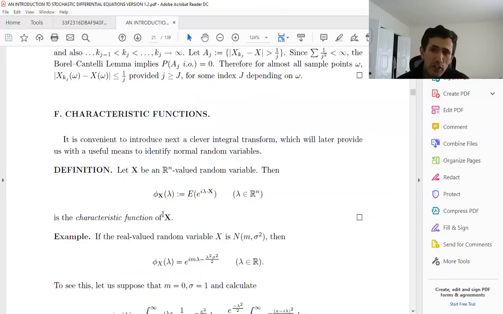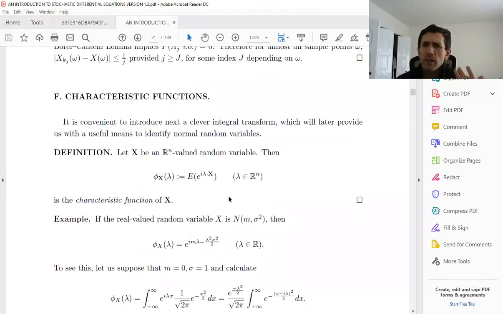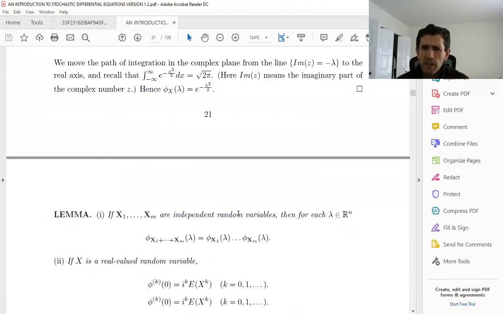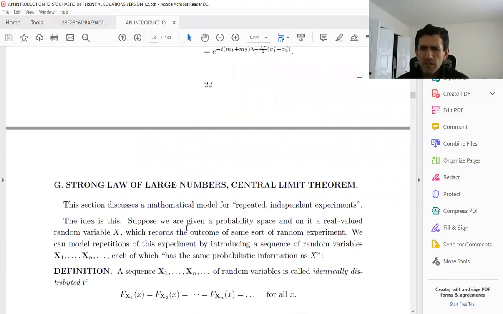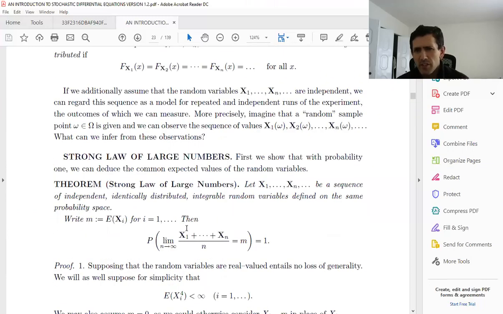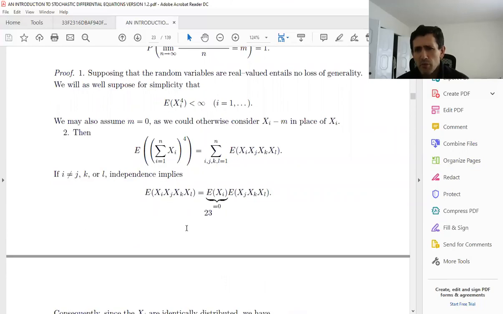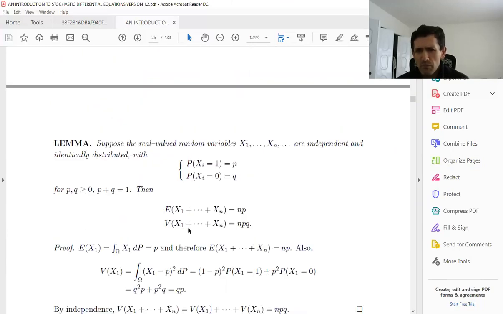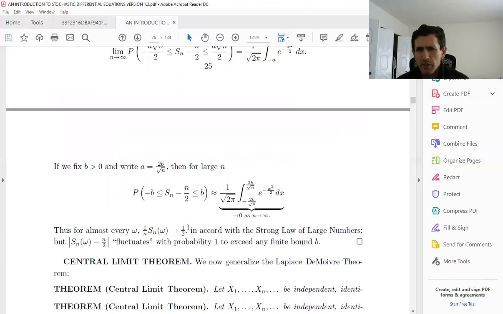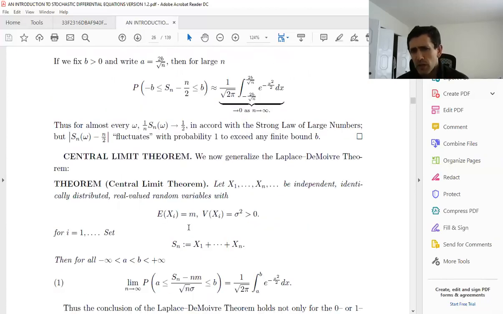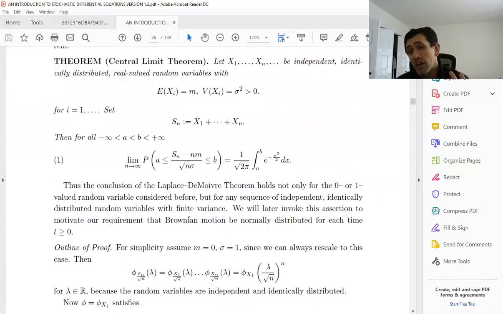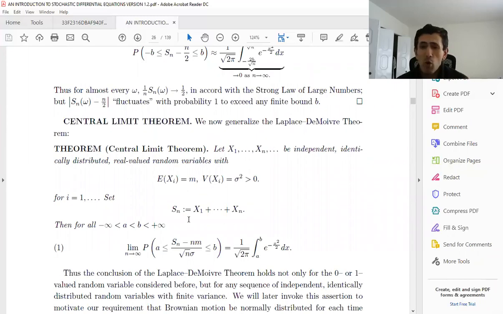It talks about Fourier transforms of random variables, i.e. the characteristic function, which is often used to prove the central limit theorem. I think they actually maybe prove the central limit theorem under certain conditions, or at least outline it. They prove the Laplace-De Moivre theorem.